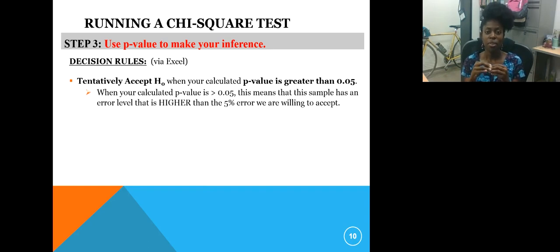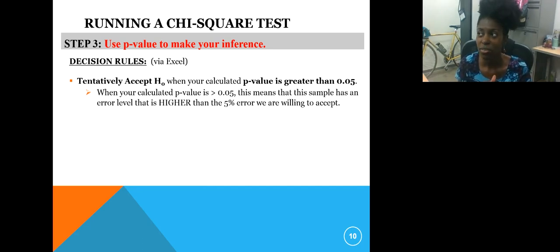So the p-value, remember, is the probability of error. In this course, we're going to agree that 95% confidence or 5% level of error is acceptable. Anything higher than that, we can't accept. We are not willing to accept anything higher than a 5% level of error, a 5% significance level, a p-value of 0.05.